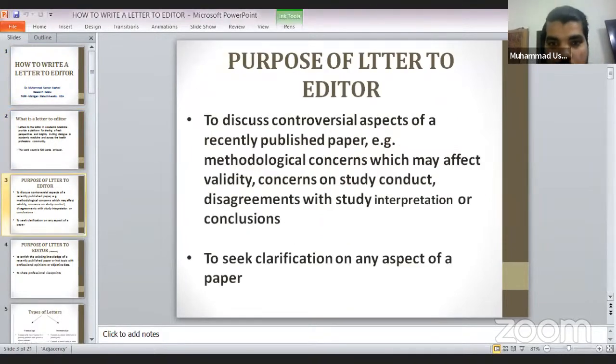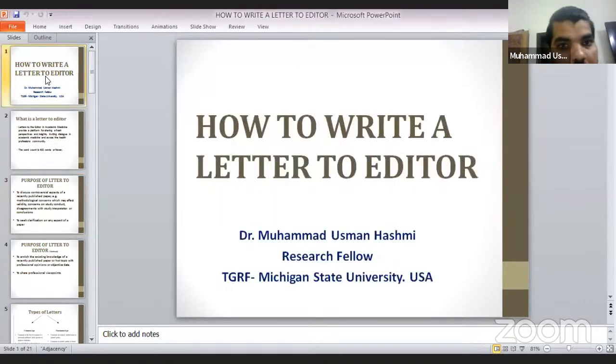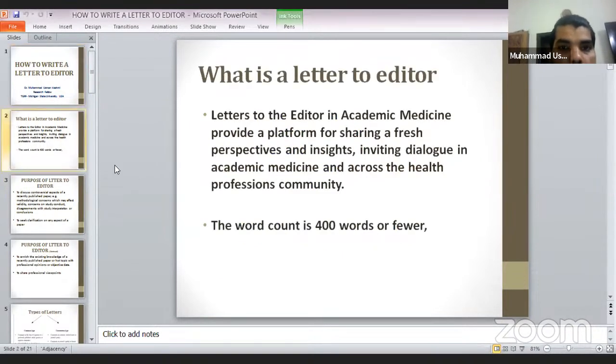So today we're going to talk about how to write a letter to editor. As we know, there are multiple types of research publication we can write and submit to a medical journal. One of them is a letter to editor. What is a letter to editor, and what is basically its purpose?